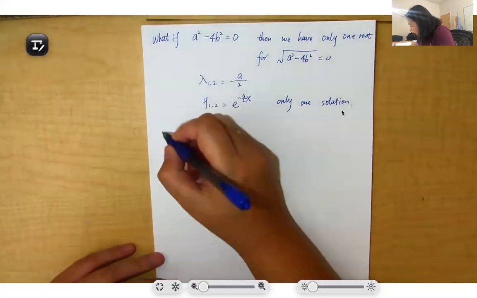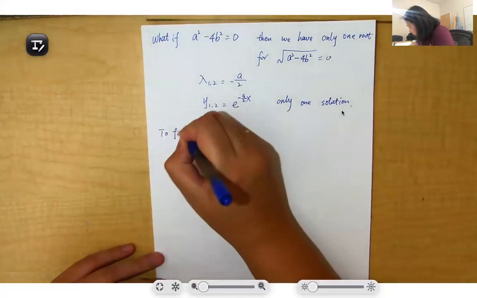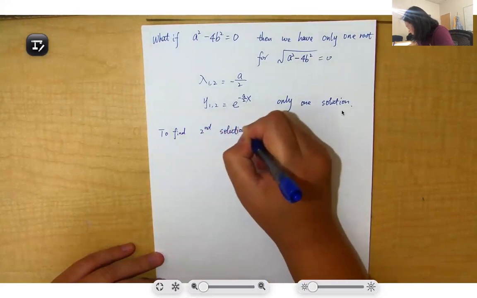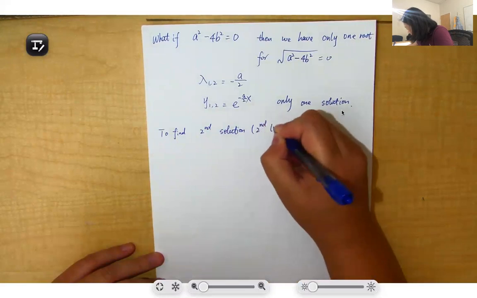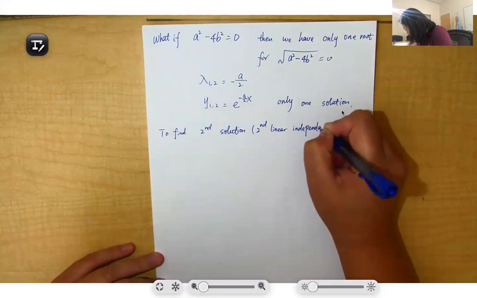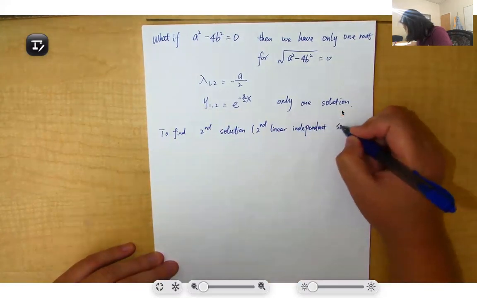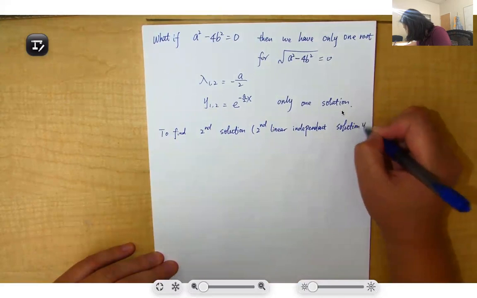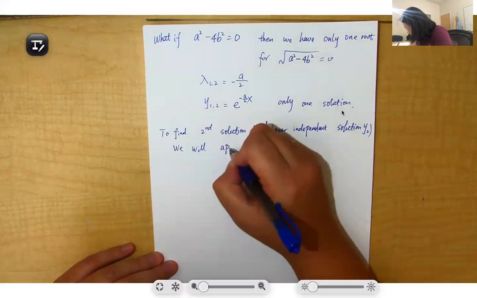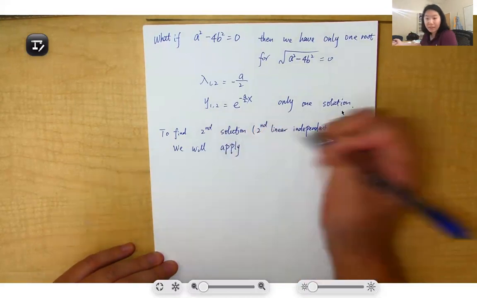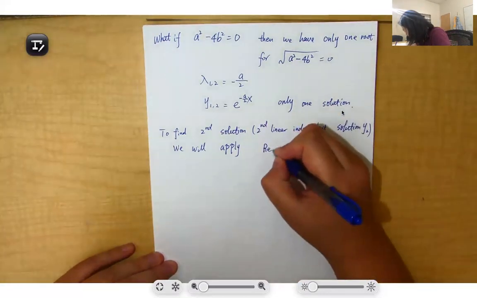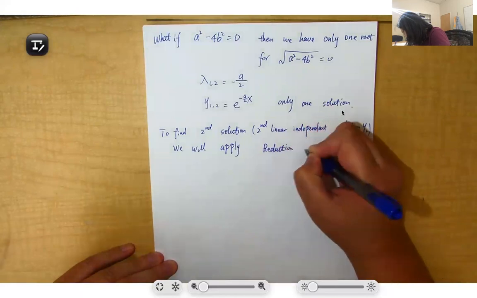So to find the second solution, or you can say the second linearly independent solution, y2, we will apply a method called reduction of order.